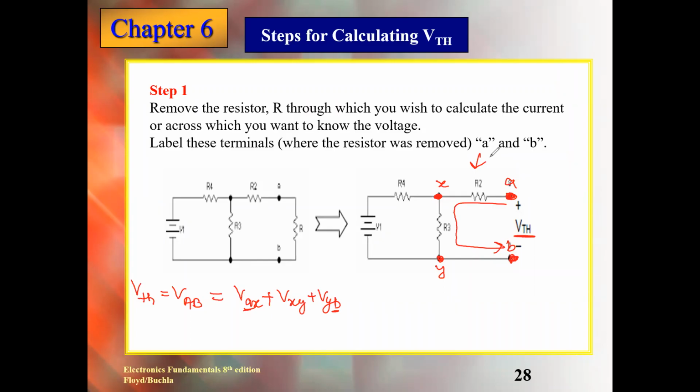How can we calculate the voltage across R2? We have a voltage source here, which will generate a current. Current will go this way, for example. Then after reaching point X, where will the current go? We'll divide, Doctor. Divide. Yes.